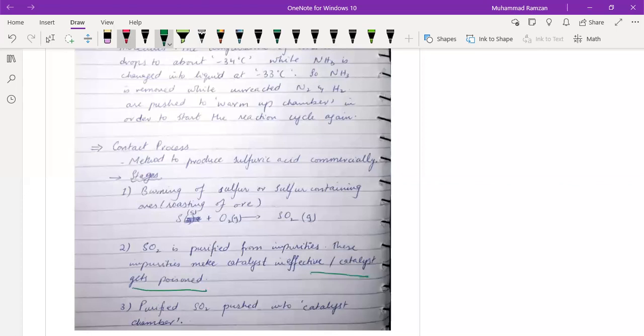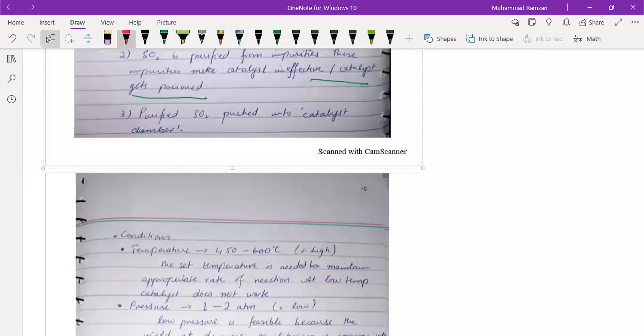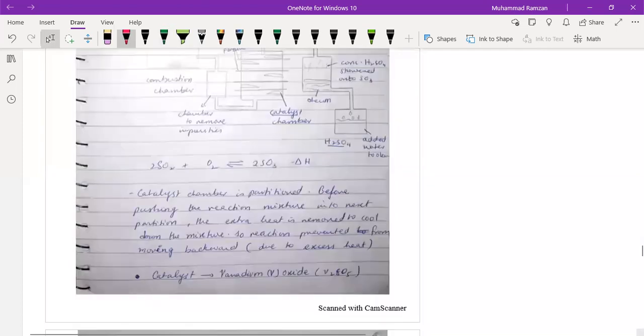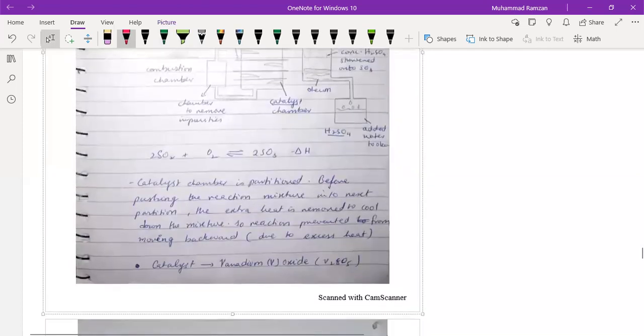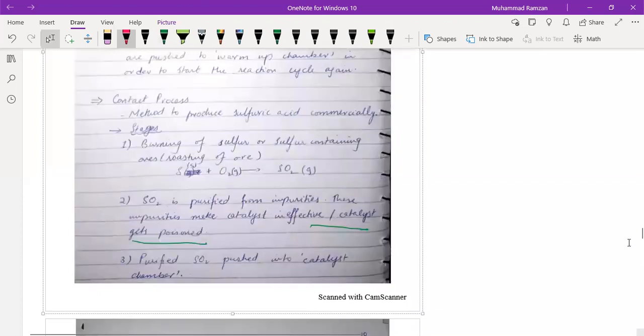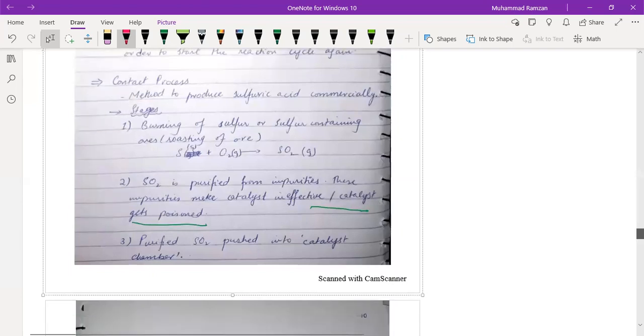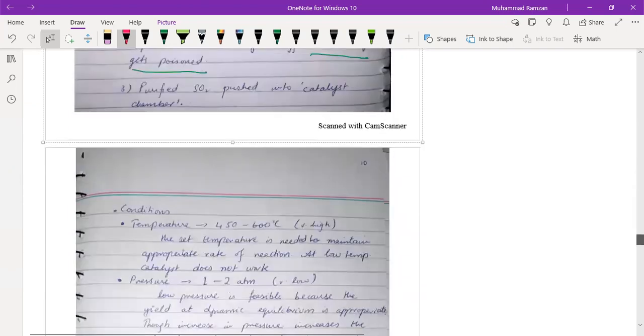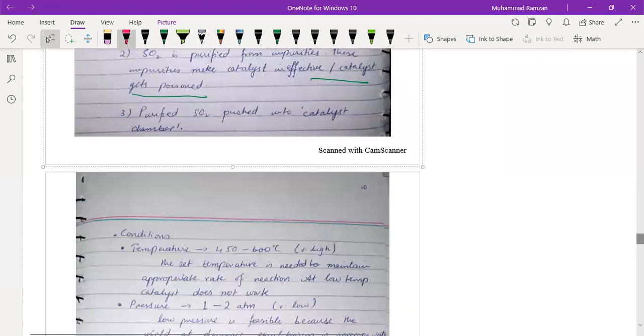That's why it is compulsory to remove impurities. And point 3 is purified SO2 is pushed into the catalyst chamber.